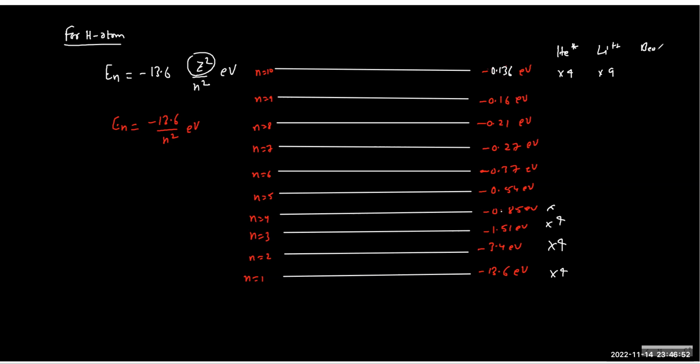And beryllium plus plus plus, into 16. That's it. No need to remember further, just remember these answers. So 13.6, 3.4, 1.51, 0.85, 54, 37, 27, 21, 16, 136. If you remember these numbers, you can write the transition energy for any element.